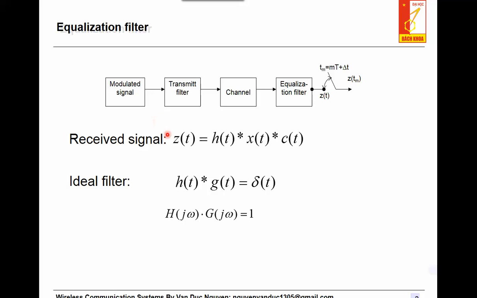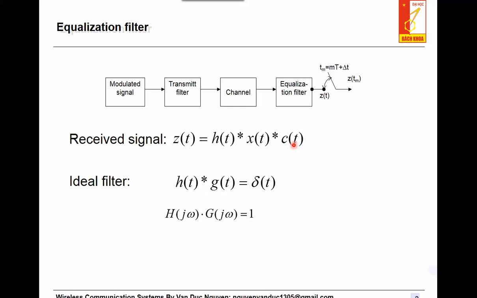In the mathematical description, we can describe the receiver signal as a convolution of the transmitter filter h of t, with the channel impulse response f of t, and also with the equalization filter c of t.